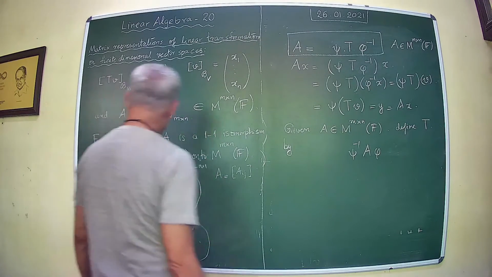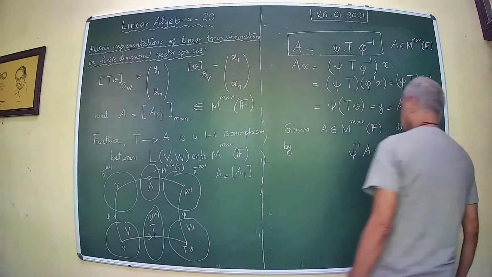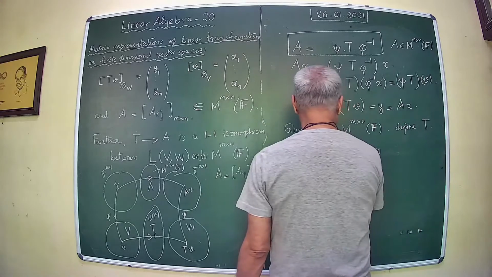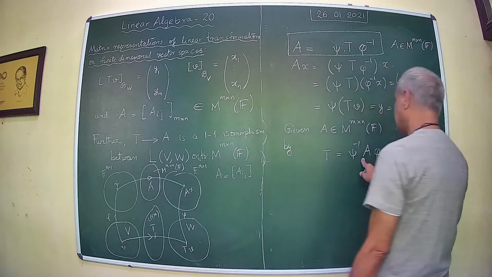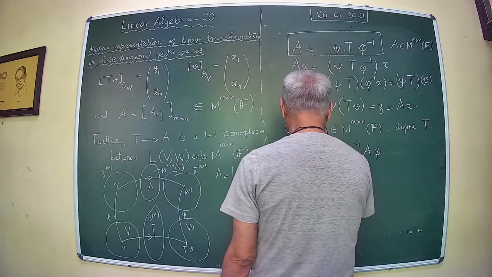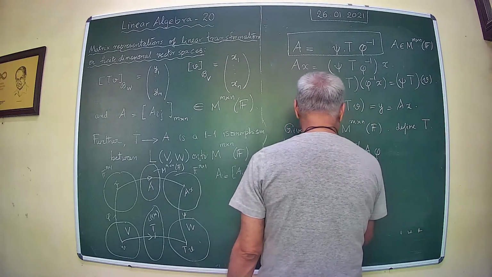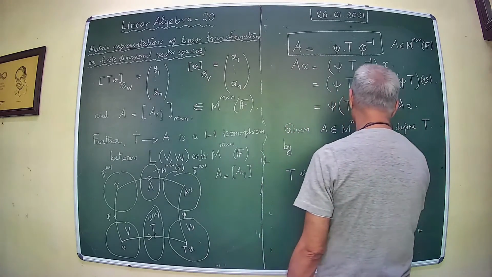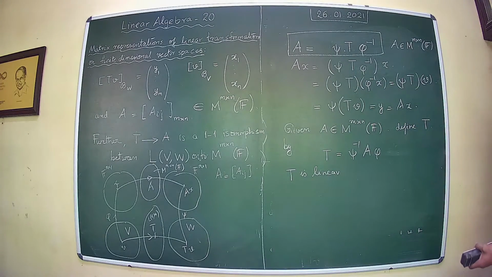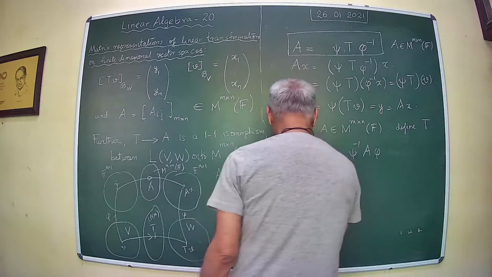Which can be identified with Fn and Fm. Once A is given, you have a T determined. See, all these are isomorphisms. Both phi and psi are isomorphisms and play a very important role.